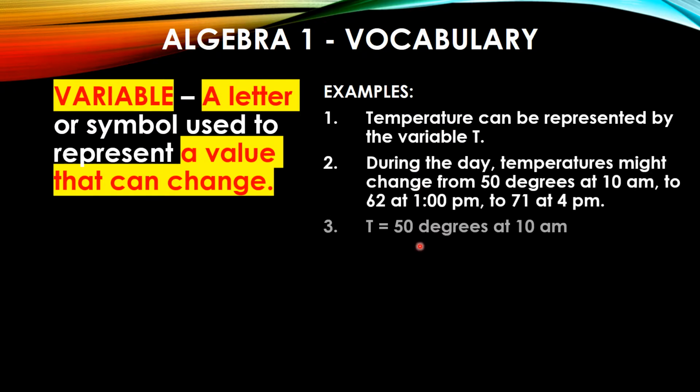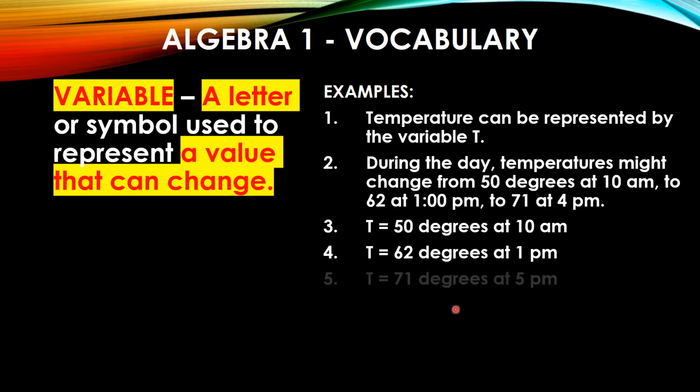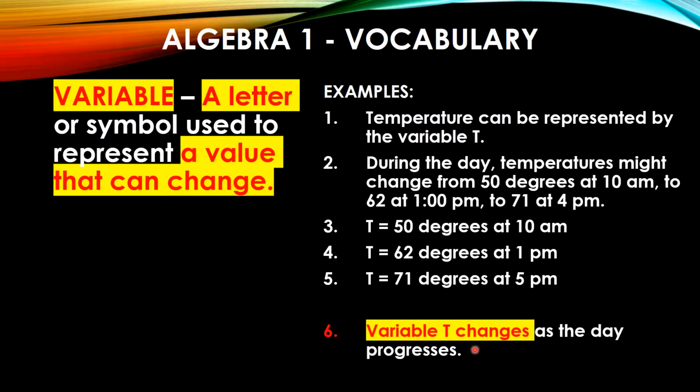So maybe at 10 a.m., the temperature is 50 degrees. And then the temperature changes to 62 degrees at 1 p.m. And then it changes again because at 5 p.m. it's 71 degrees. So here's the point. That temperature is changing throughout the day, and so we'll represent it with a variable t. The variable t changes as the day progresses.